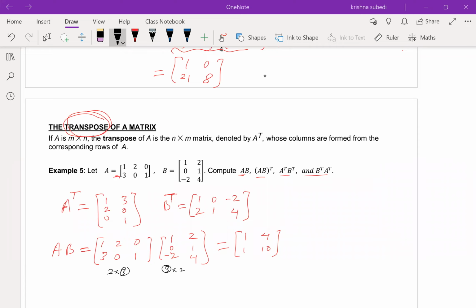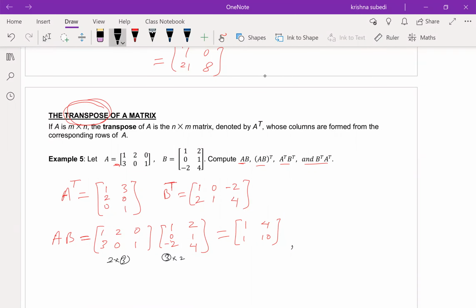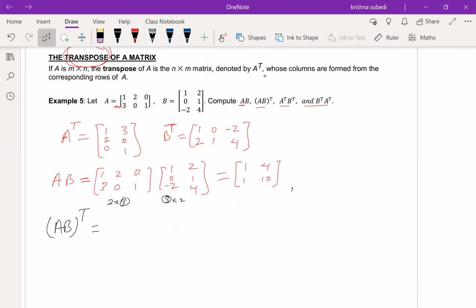Okay, this one is done. Now let us find AB transpose. So the second one is AB transpose. It's 1 and 1, 4, 1, and 1, 10. You just write the horizontal one vertically, and the other one that way.